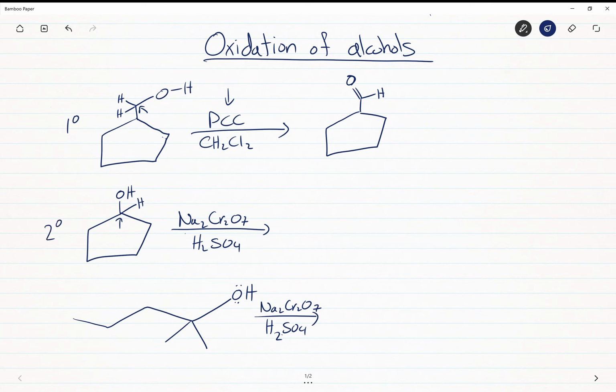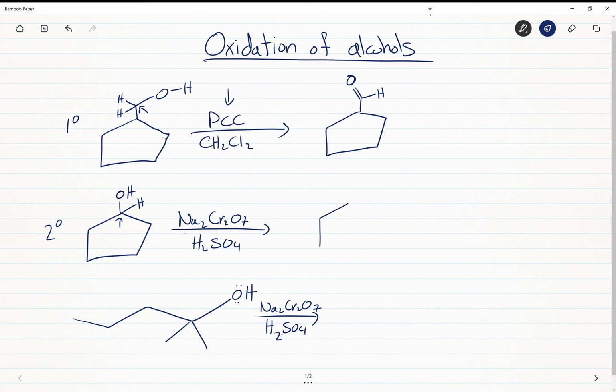Secondary carbons only have one hydrogen, and so that makes them only able to do an oxidation once. So it doesn't matter what type of reagent you're using, whether chromic acid or PCC, you will get the same answer for both reagents.